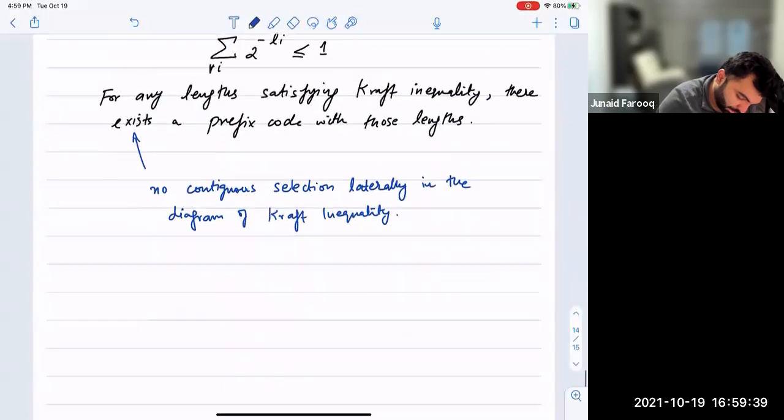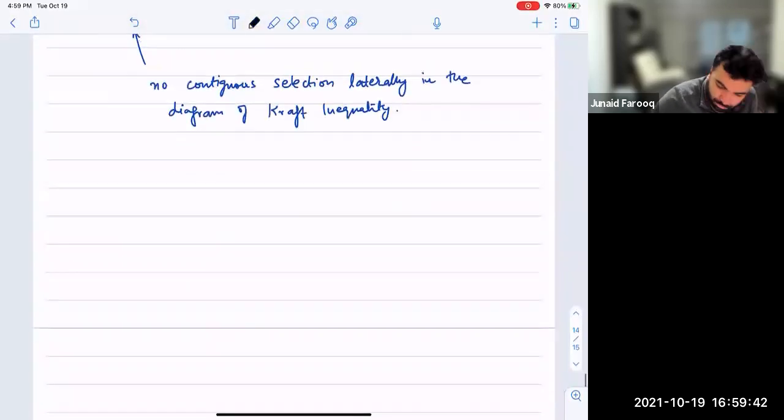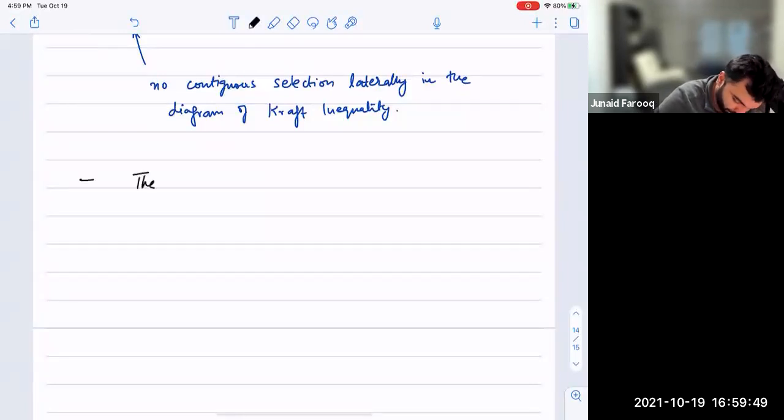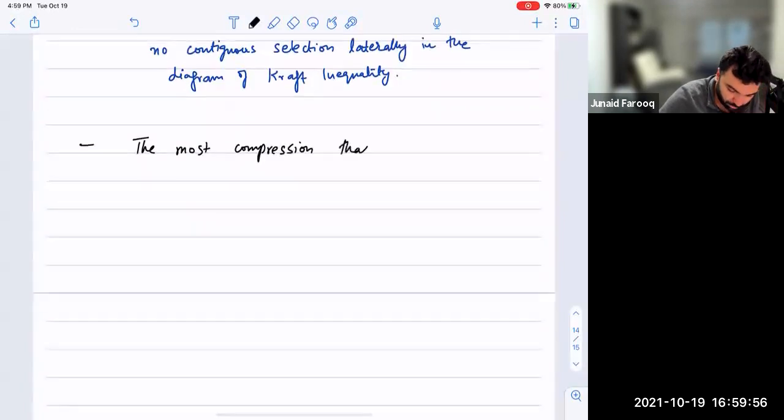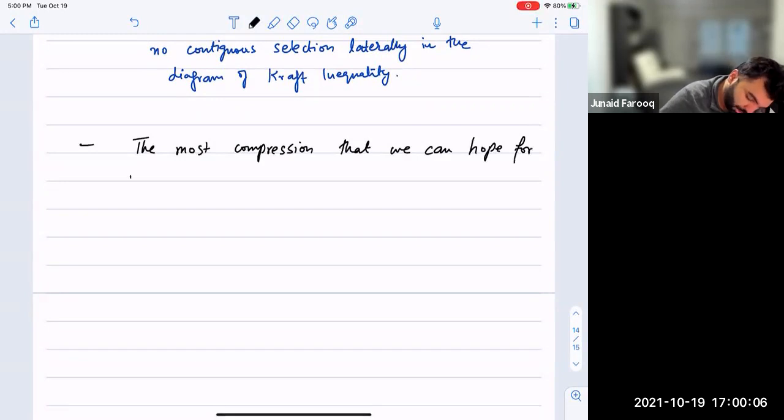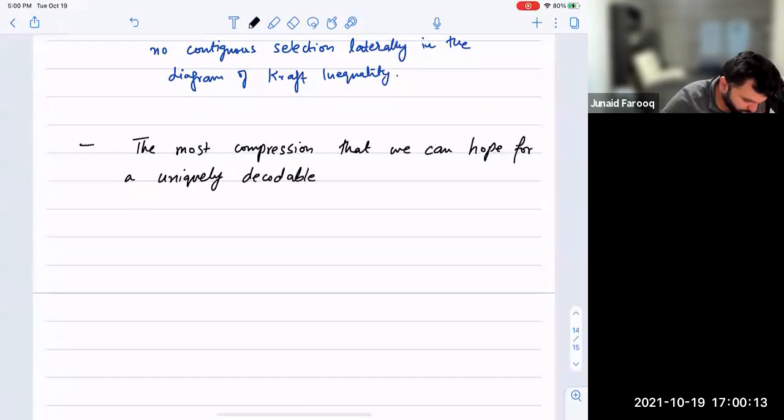Okay, now the other summary point, or the key insight from today's lecture, is the most compression that we can hope for a uniquely decodable code.